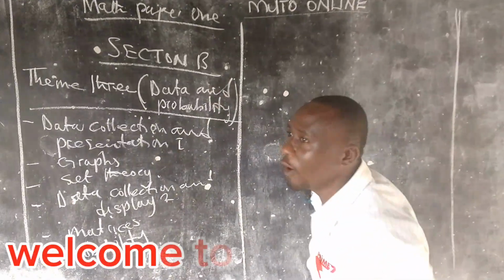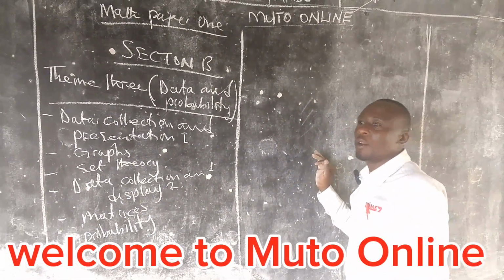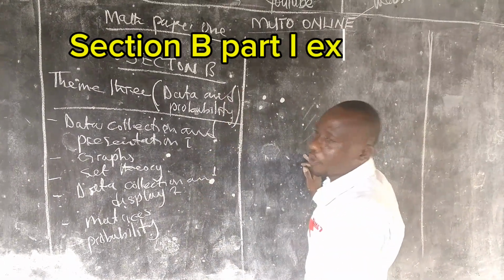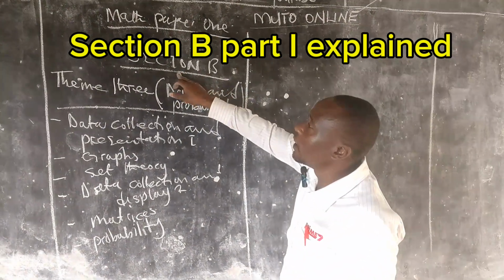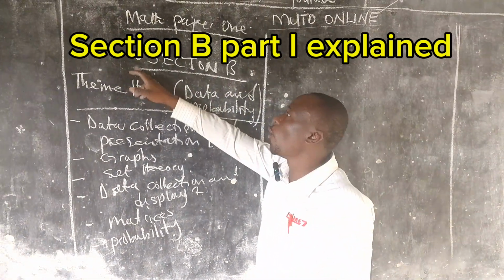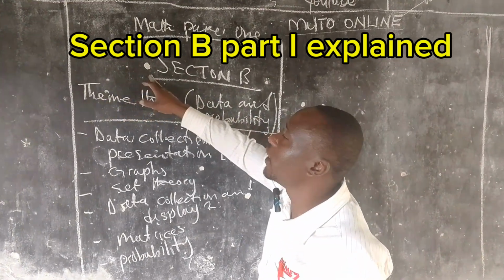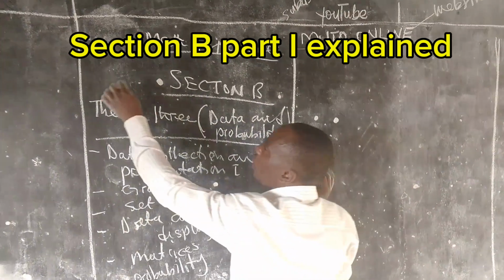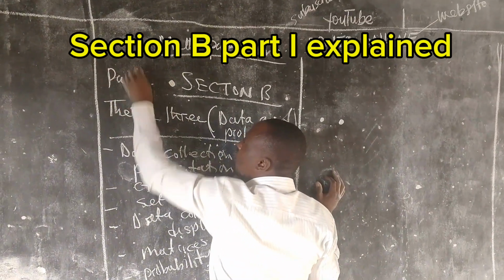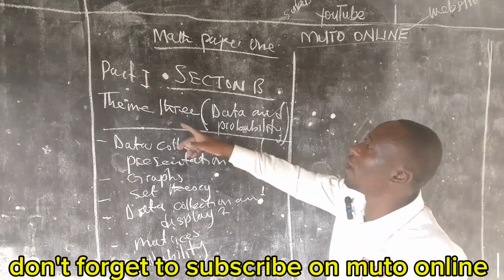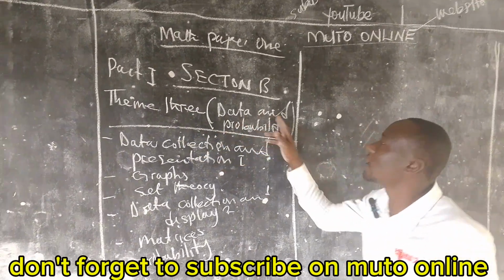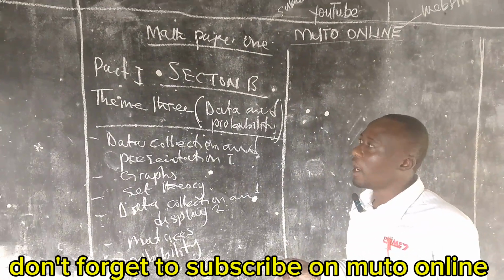Back in action for section B, to start where we stopped in section A. Section B has two parts, part 1 and part 2. So we are looking at part 1. Part 1 has theme 3, that is data and probability.